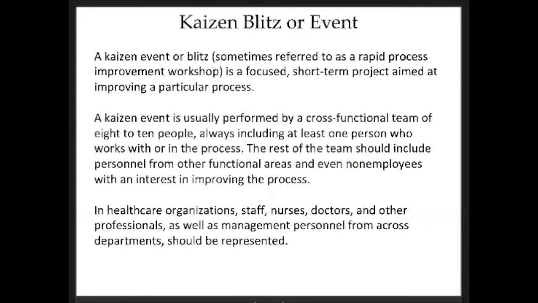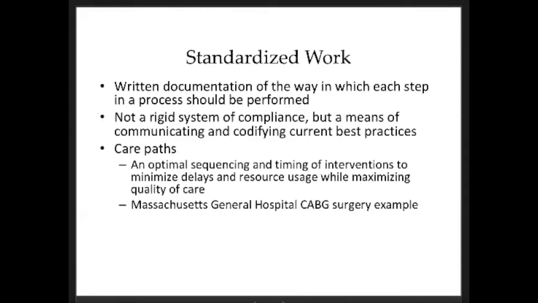Another tool, Kaizen events, we talked about this, so I'm not going to go again into details of that. It's basically process improvement at a particular process. Standardizing work, we saw this as one of the foundational requirements for the Toyota production system. And there's a written documentation of the way in which each step should be performed. It's not necessarily a rigid system, but a means of communicating and codifying.